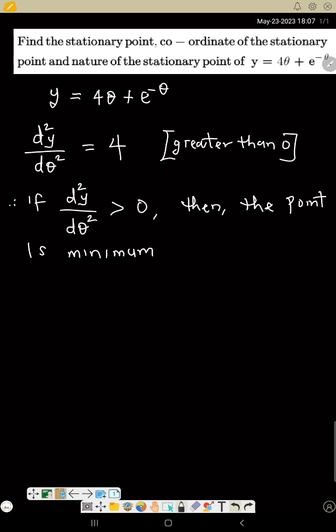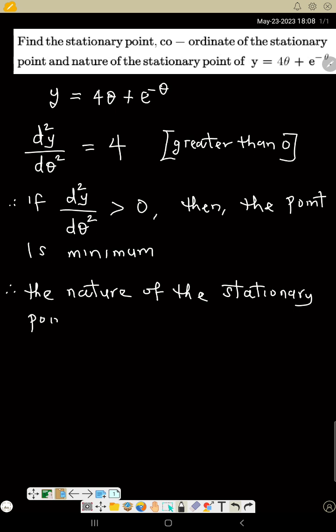So the nature of the stationary point is theta equals minus ln 4, comma, minimum.